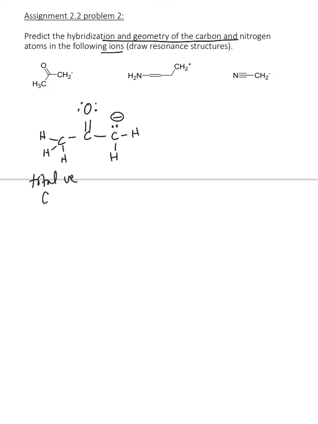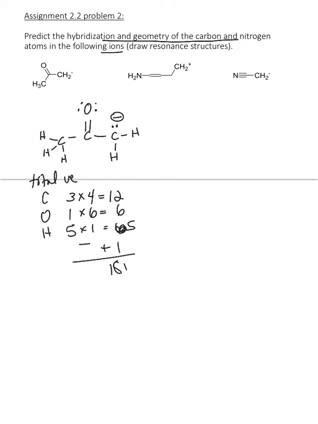Carbon has, there's 3 carbons, and each carbon has 4, so that's 12. Oxygen, we have 1, and it contributes 6 valence electrons because it's in group 6. Hydrogen, you have 5 times 1, so that's 5. And then you have a negative charge, so you're going to have to add 1 there. When you add this up, you have 24 valence electrons.